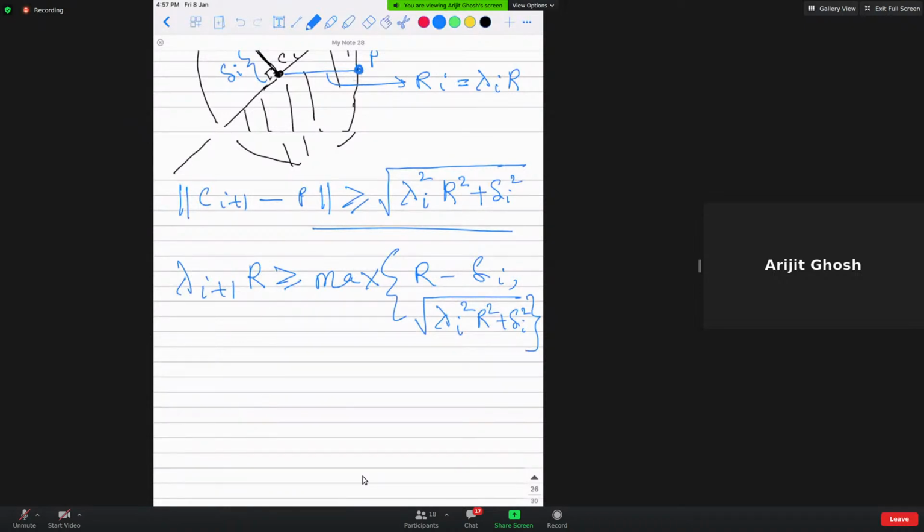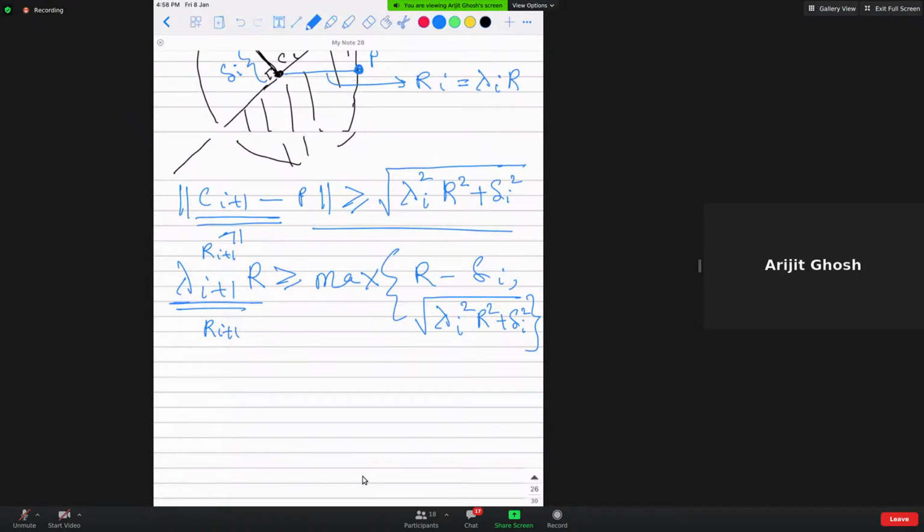Just combining these two. This term is less than or equal to Ri plus 1, by the definition of Ri plus 1. I've written it like this because I want a recurrence on lambda i plus 1, lambda i, and delta i. This recurrence inequality is what I need.